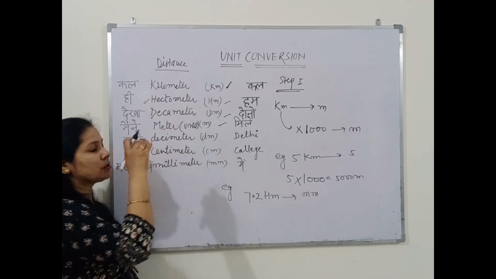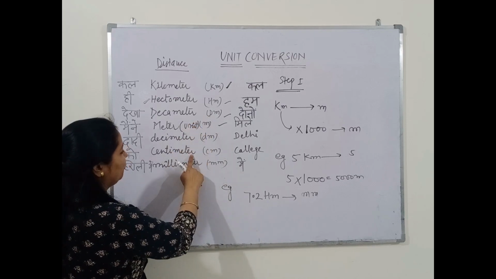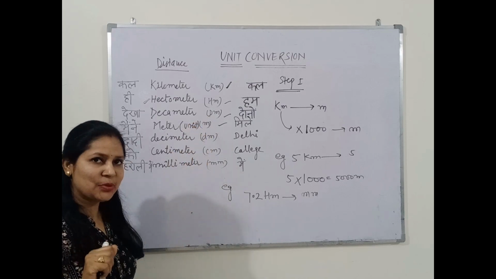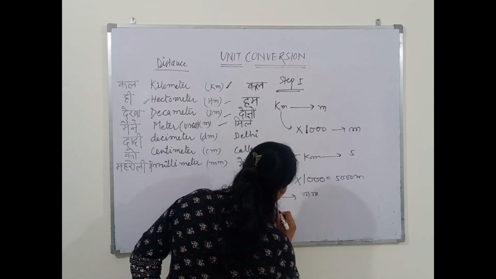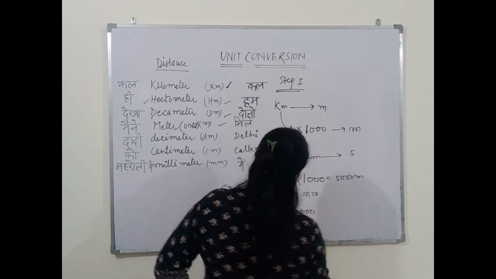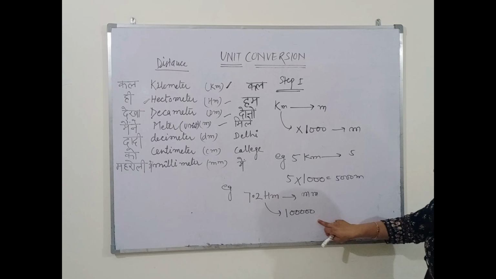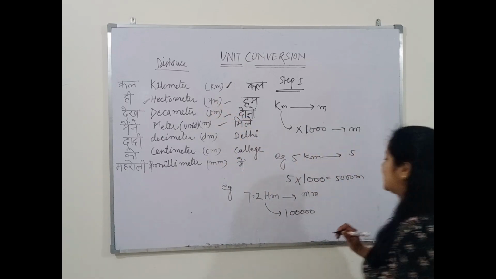And count the downward steps 1, 2, 3, 4 and 5. How many steps will go down? 5 steps, right? So same, multiply this value by 1 is default. Then how many steps? 5 steps. Then put 5 zeros here. Is it clear?